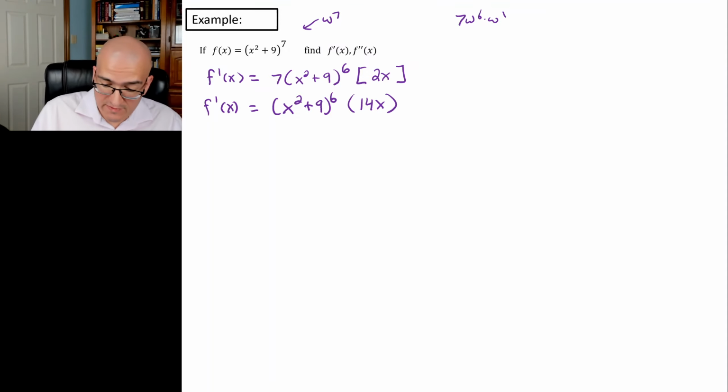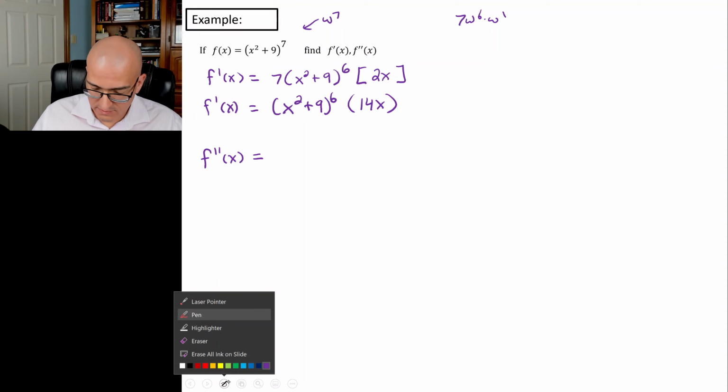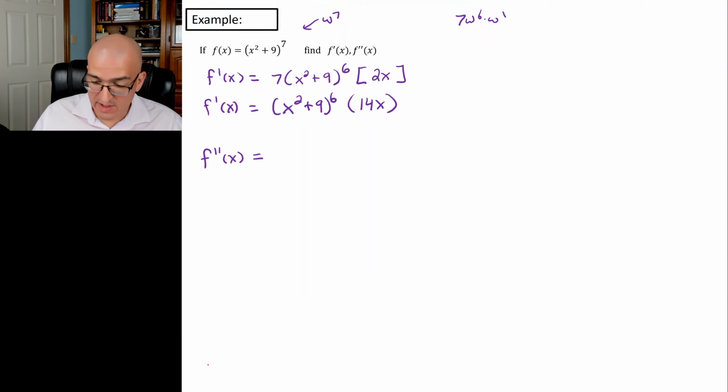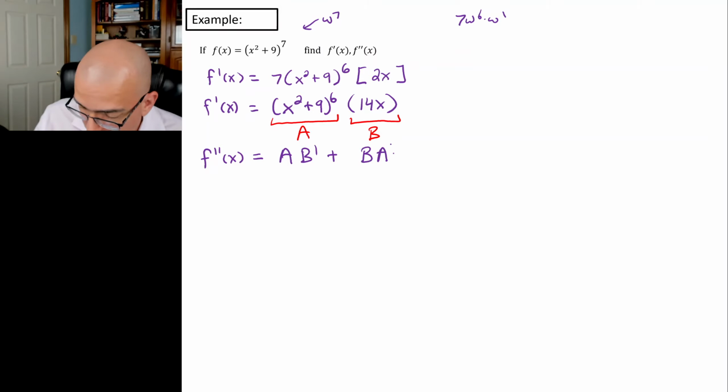Okay, now for the second derivative. Before you start writing stuff down, think, what type of derivative is this? What rule do we need? And it's a product rule. We have an A. We have a B. So we're going to have A times B prime plus B times A prime.